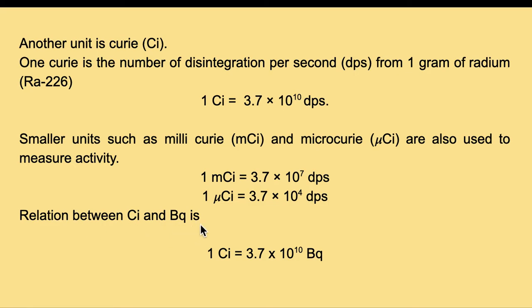And the relation between curie and becquerel is this: 3.7 into 10 raised to 10 disintegrations per second, and 1 disintegration per second you can call becquerel. So 1 curie is 3.7 into 10 raised to 10 becquerel.